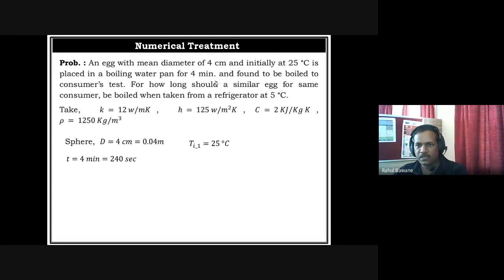So the meaning of this sentence is, when the egg at 25 degrees centigrade is put into the boiling water pan for 4 minutes, after 4 minutes it reaches that particular temperature at which the consumer recommends eating it, or it is their habit.